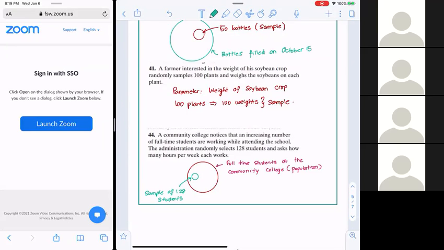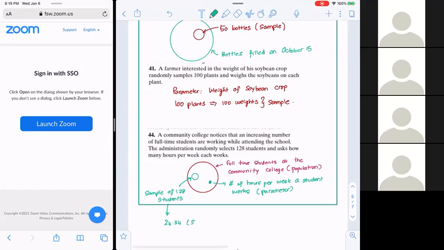What were they interested in? The administration was interested in the number of hours per week a student works, and so that would become the parameter. It's not specified in this problem, but perhaps this sample gave us, say, 24.34 as an average.